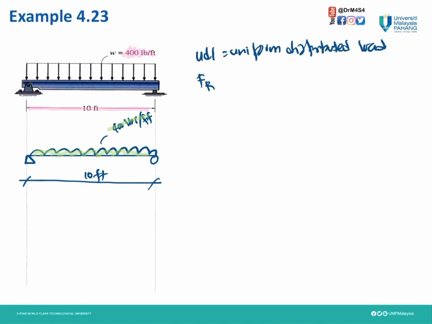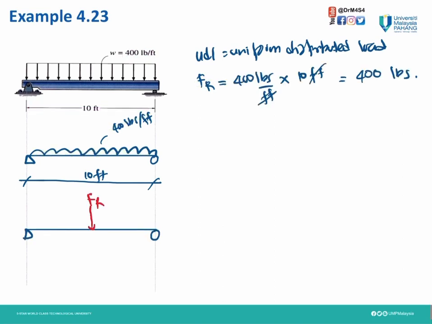Then we need to determine the force resultant on that beam. That means 400 pound over feet times the length of that beam, which is 10 feet. Then we get our FR value is 400 pound.